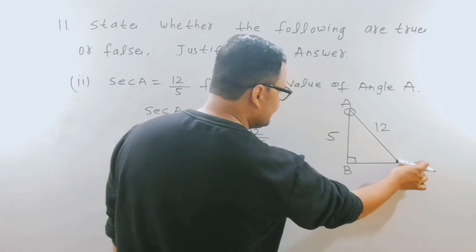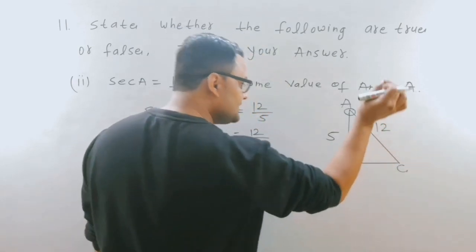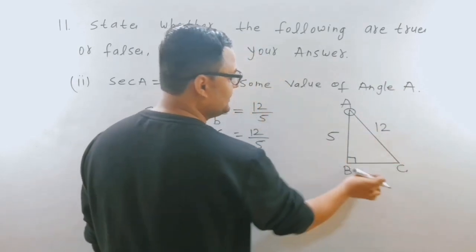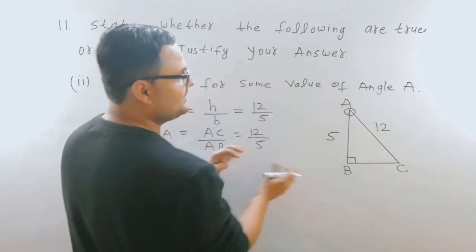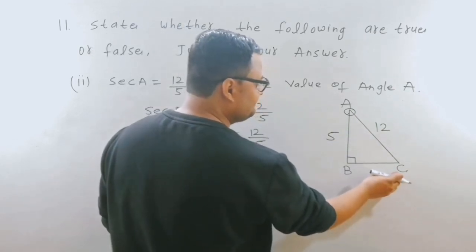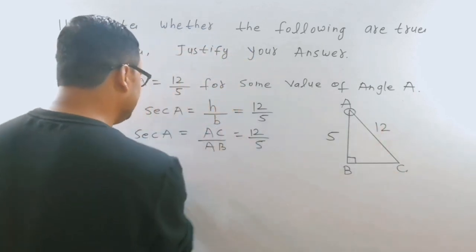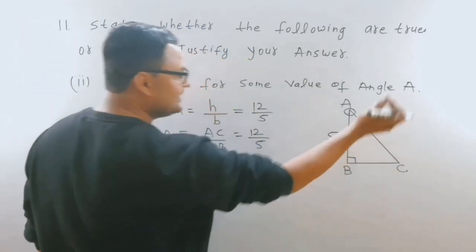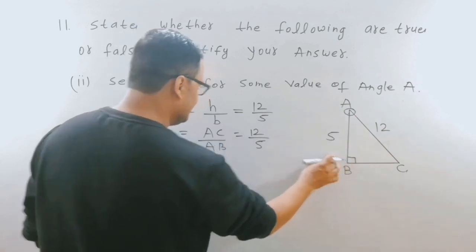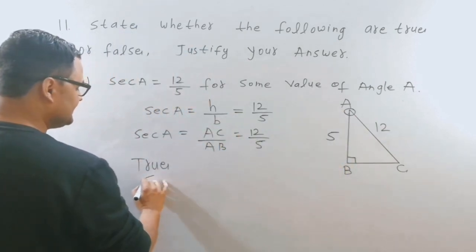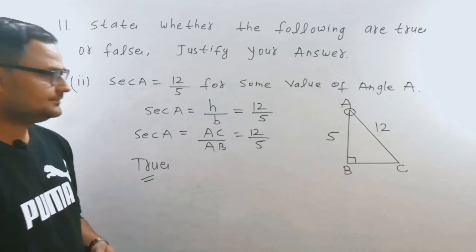Now we have AC 12, AB is 5. If AC is greater than both of these, then yes, this is possible. Simply we can find BC: BC will be the square root of AC square minus AB square. So the hypotenuse is greater than this one, and this is possible. So the second one is true.